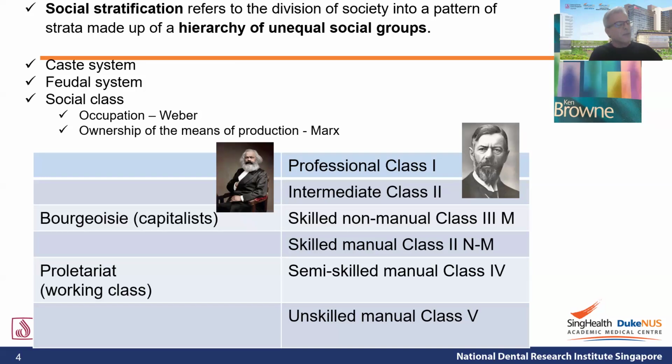In contrast, Weber defines social class as a group of people who share similar situations, particularly in terms of economic life chances, and he identified different dimensions: economic factors, social prestige, and political affiliations.